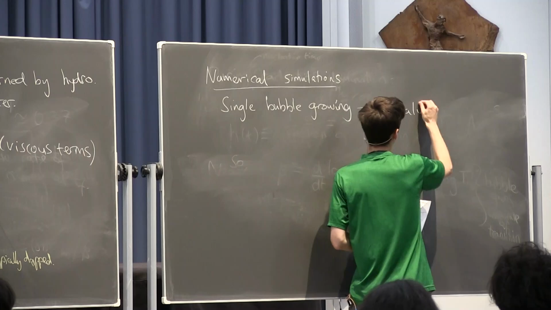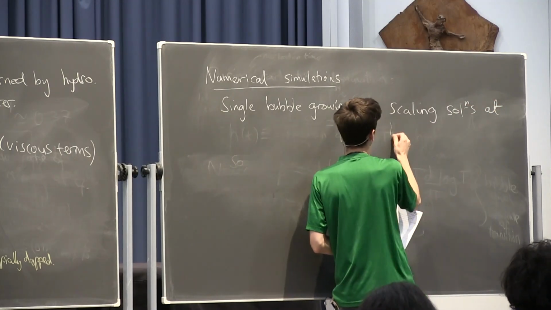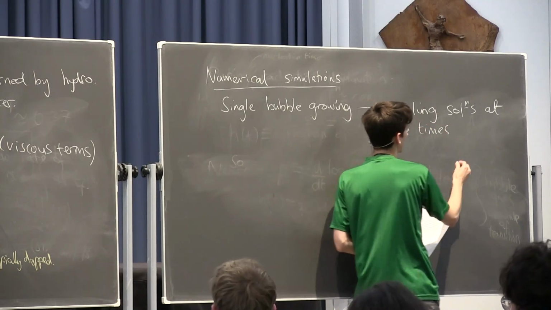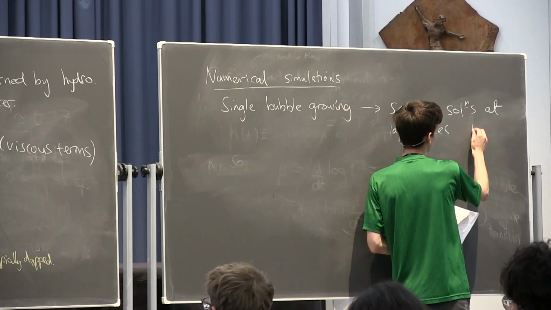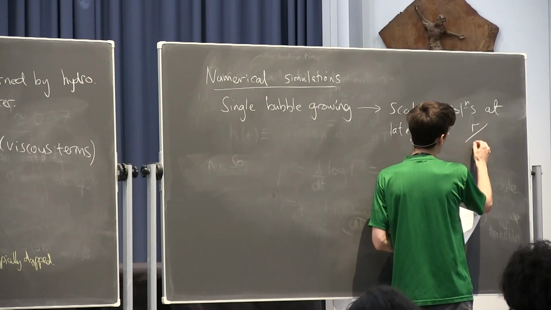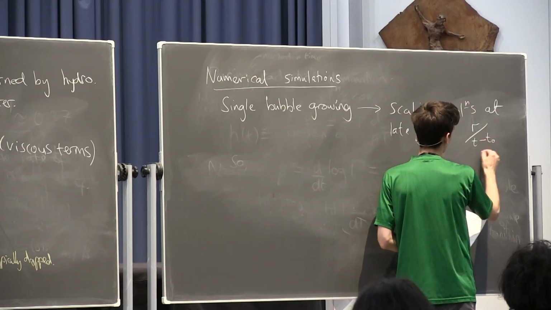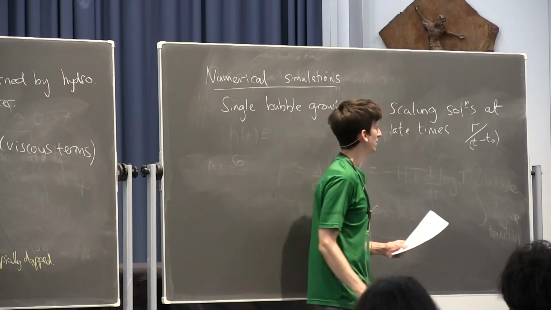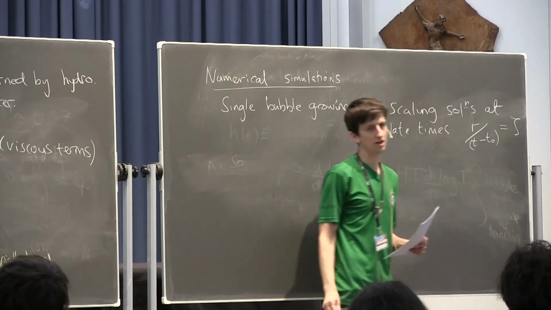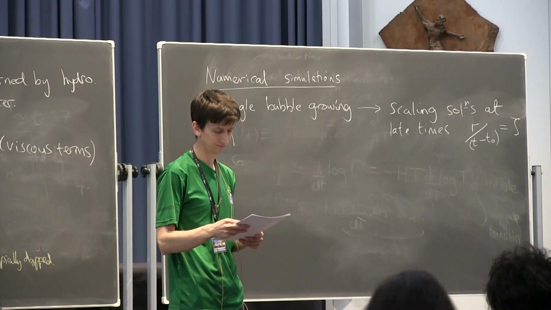So there are scaling solutions at late times, which you can write in terms of the variable, the radius divided by the time since nucleation of that bubble. This is sometimes called zeta, which is your scaling variable that everything's going to depend on.